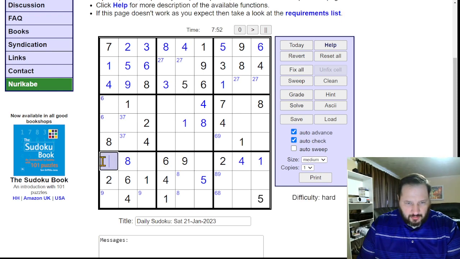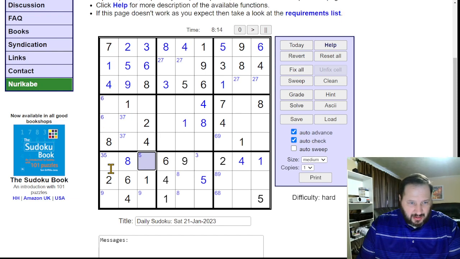Okay, we've got 3 numbers missing here. 1, 2, now we need a 3, and it can't be here because of the 3 here. 4, now we need a 5, and it can't be in these bottom 2 rows, so the 5 has to go across the top. 6, now we need a 7.